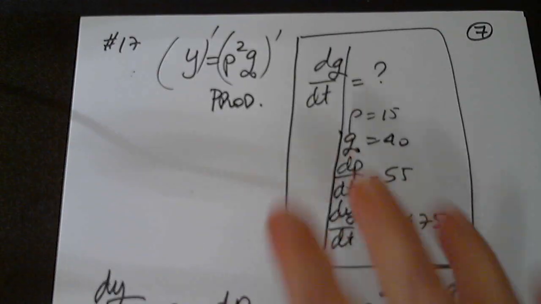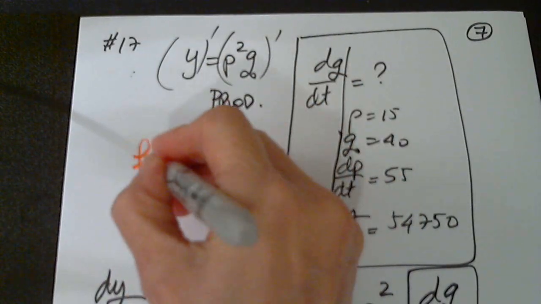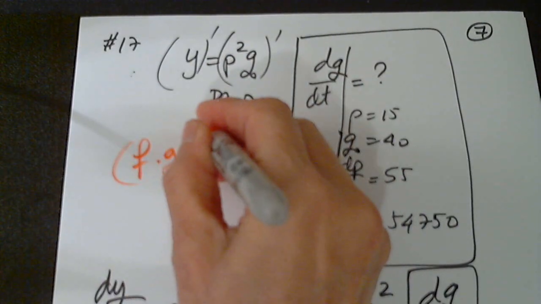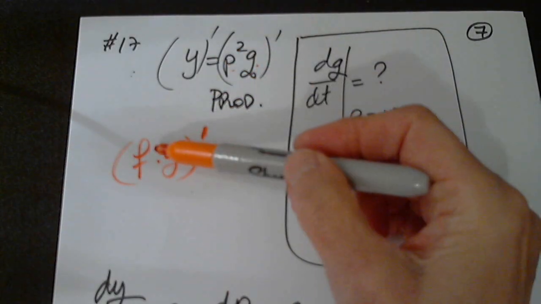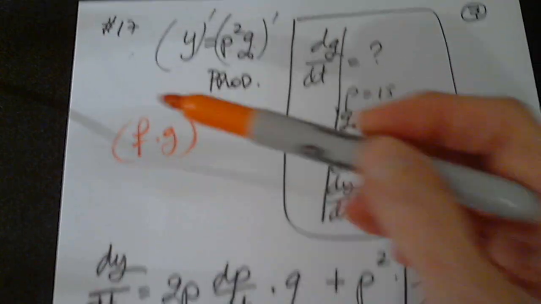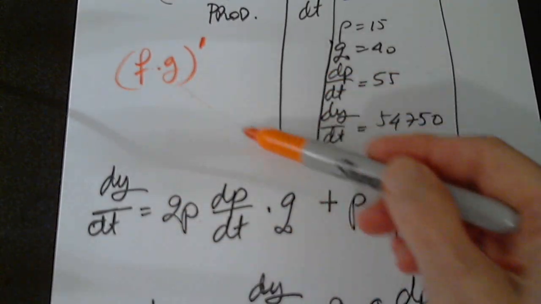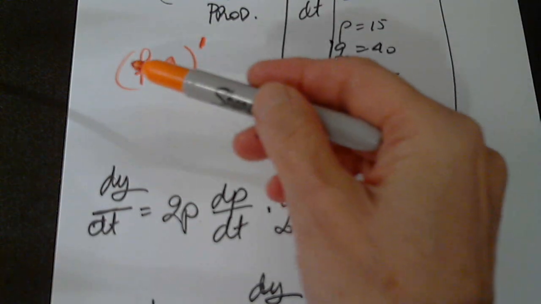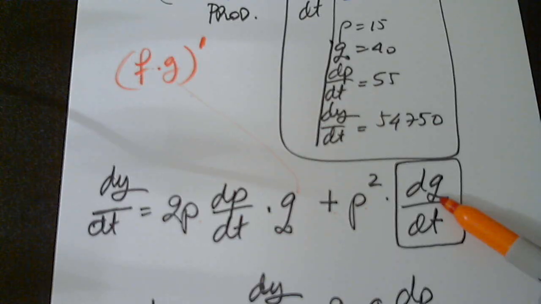Okay. So this is a function times another function, so I have to use the product rule. I differentiate the first function times the second one, plus I copy the first function times the second one prime.